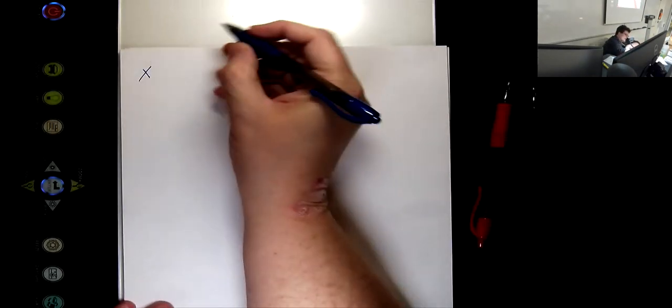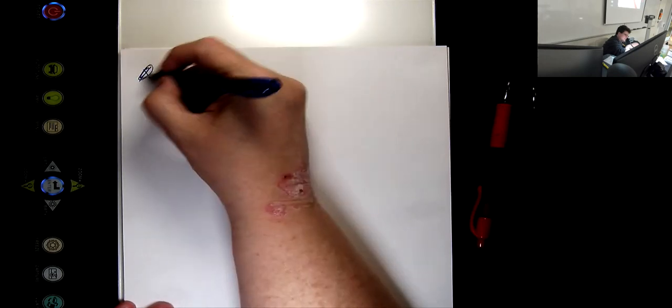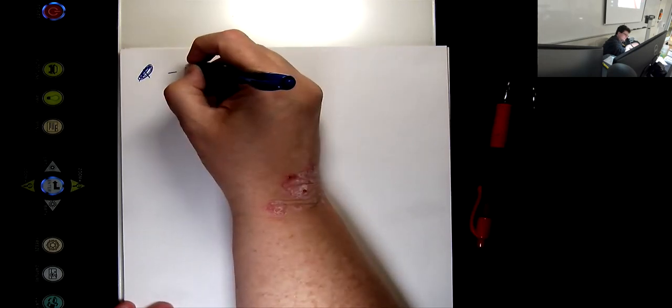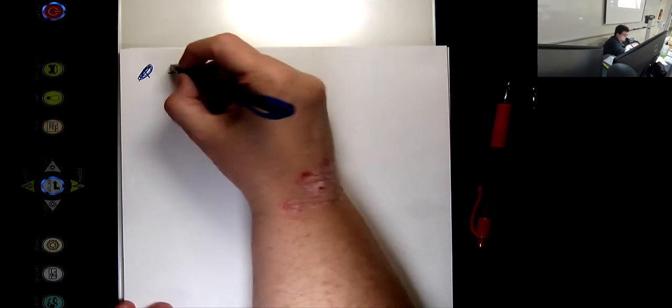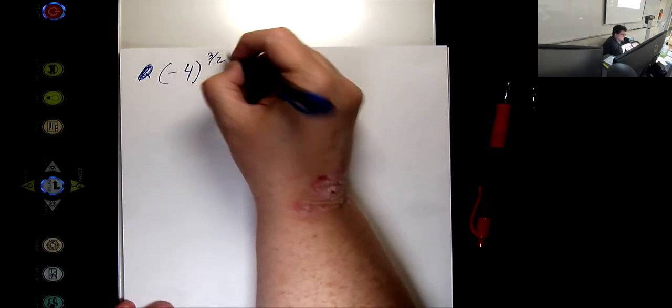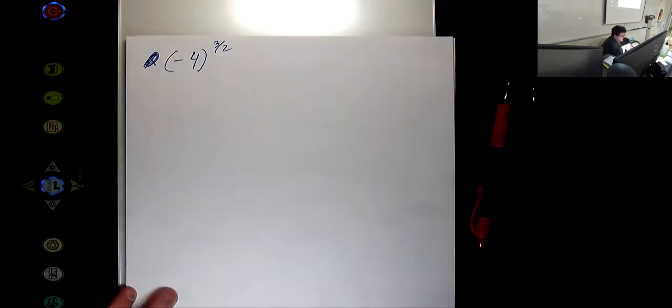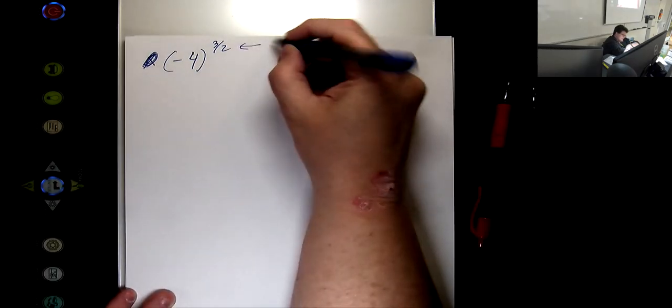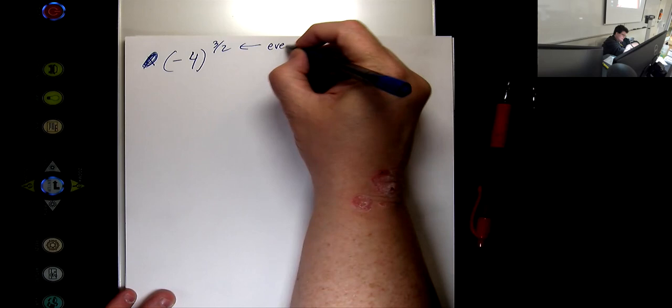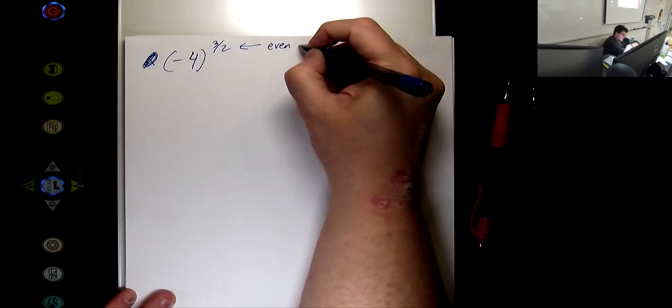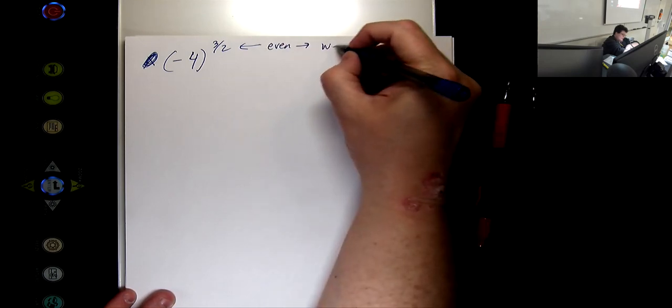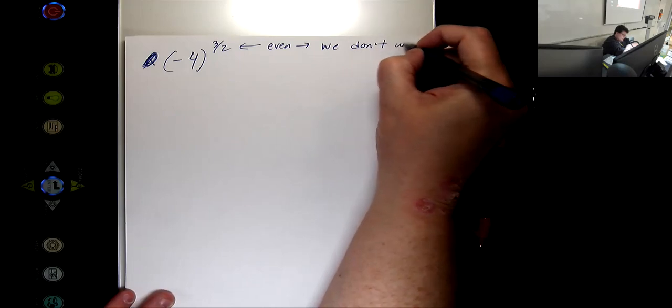When we have an exponent, if the denominator is even, we don't want negatives inside for real numbers.